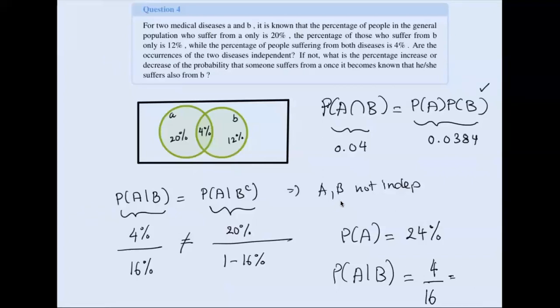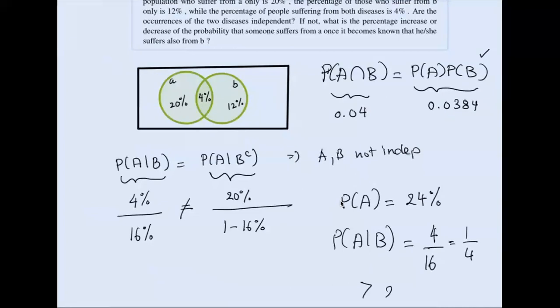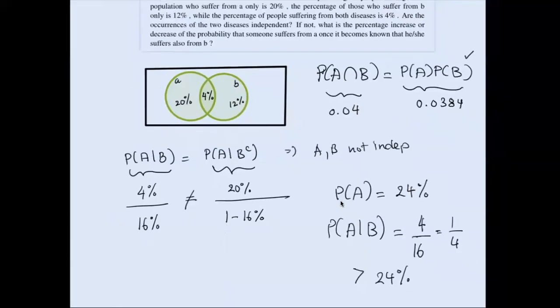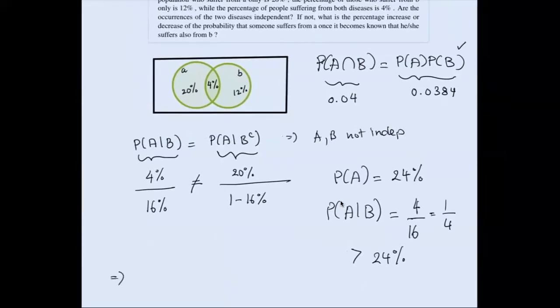Hopefully I calculated correctly. This is 1 over 4. And I think that is larger than 24%, right? Which means that knowing that the person got disease B increased the chance that they got disease A.